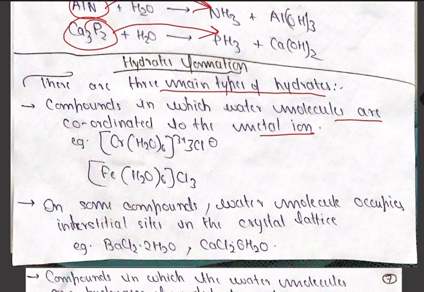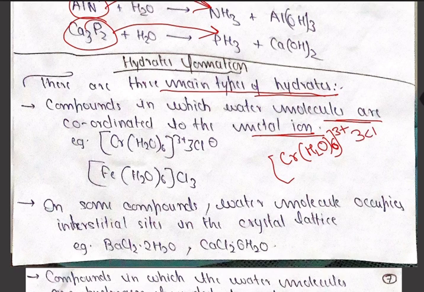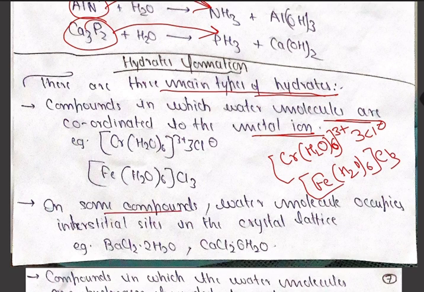Here [Cr(H2O)6]3+ with 3Cl minus, and [Fe(H2O)6]Cl3. Second, in some compounds, water molecules occupy interstitial sites in the crystal lattice.